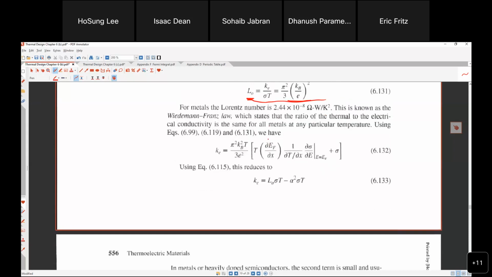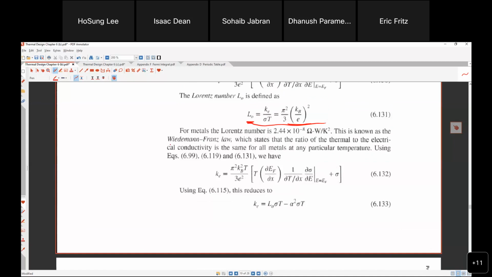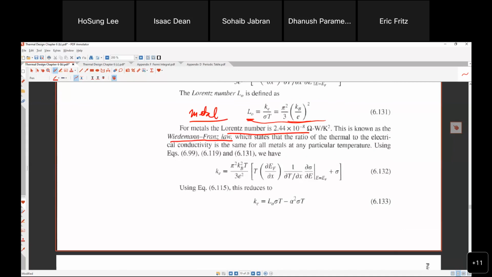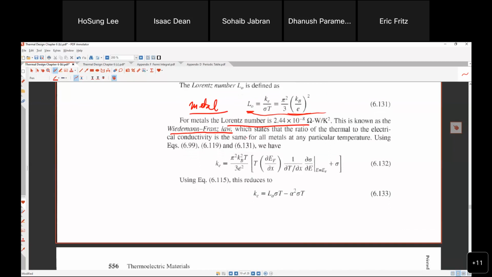So, it's very confusing, but that's the Wiedemann-Franz law for the metal. Keep in mind, they talk about the metal, not the semiconductor, okay? So don't confuse.